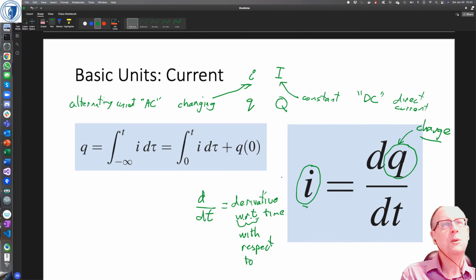All right, so we're looking at how Q changes, and we're finding its slope as it changes with time.